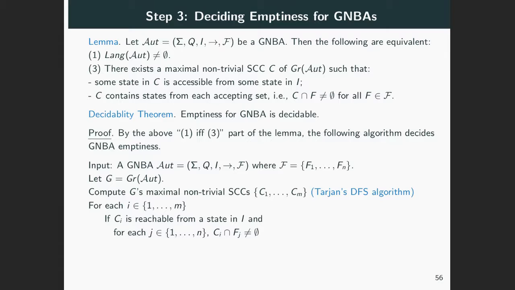And we stop if we found an element of Ci, in which case we conclude that it is accessible, or we have no more states to explore, in which case we conclude that it is not accessible. Also, for Ci, we check if it has elements in common with each of the accepting sets. So this is the second condition that we check, besides reachability.